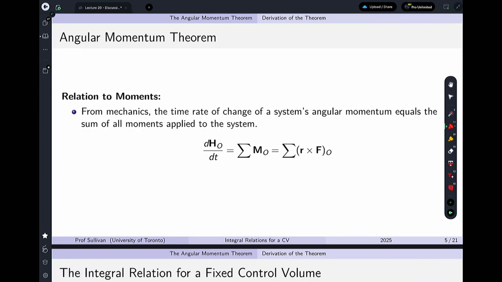Time rate of change, just like you did in dynamics, is going to be the sum of moments, and it's r cross with f. And so as you solve these problems, you're looking for what the forces are and how to solve for them.